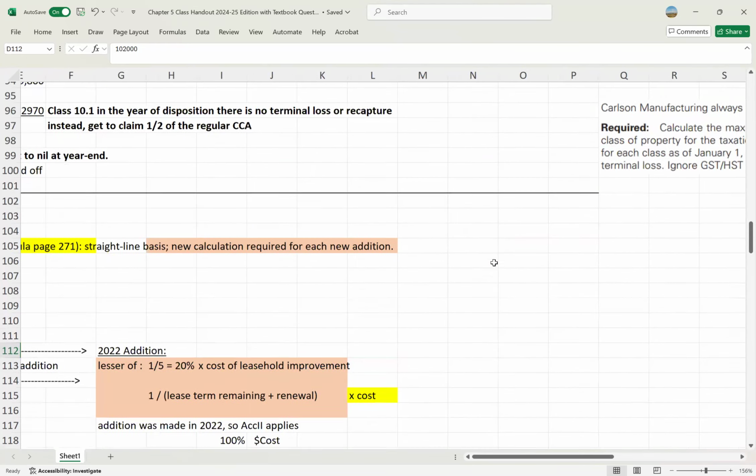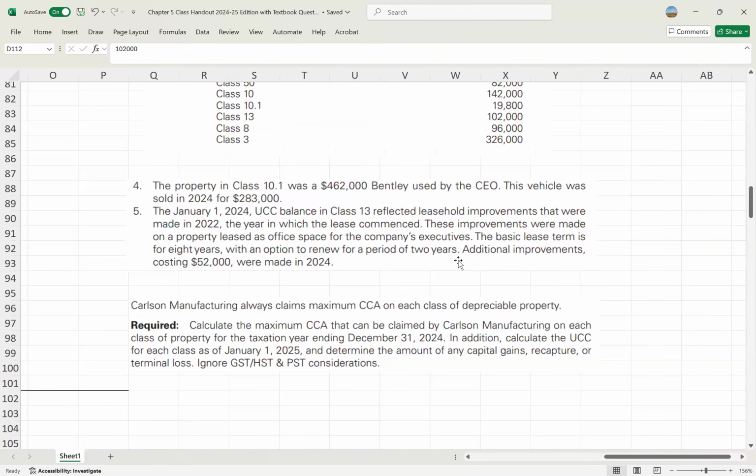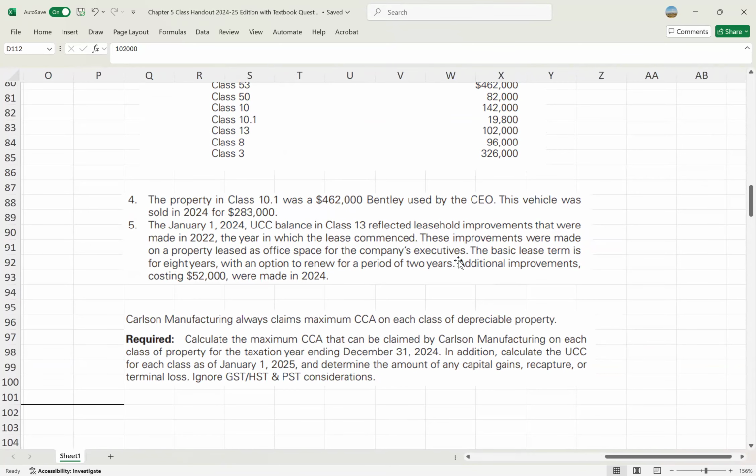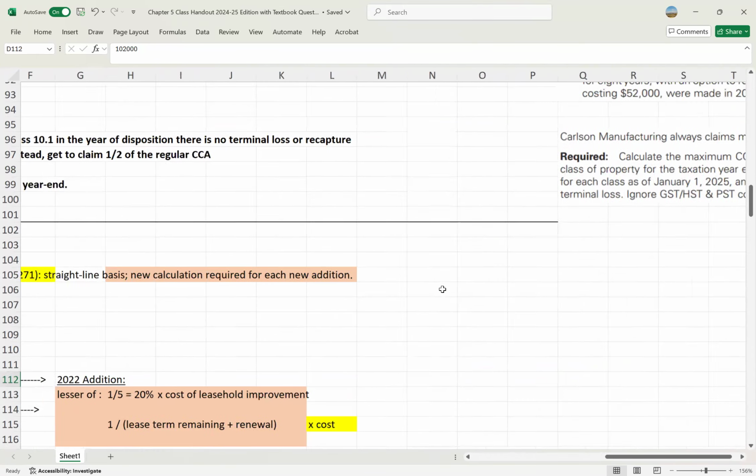If we go back to the question, nowhere does it tell us what the original cost of those 2022 improvements were. And we also know that in 2022, the accelerated investment incentive at 150% was in place. So this is where we have to use a little bit of math.